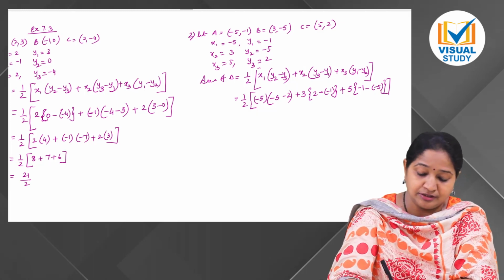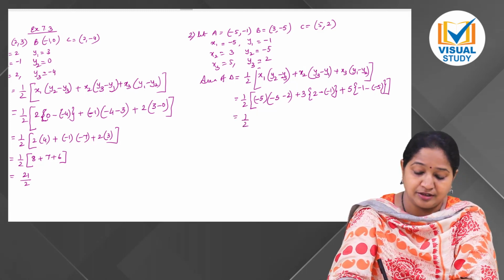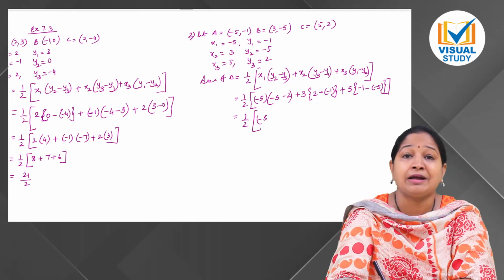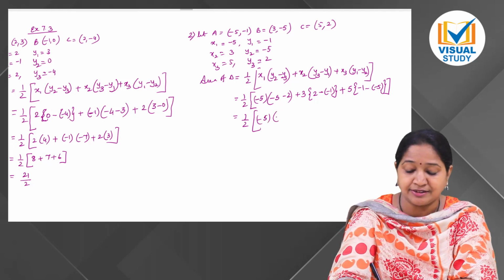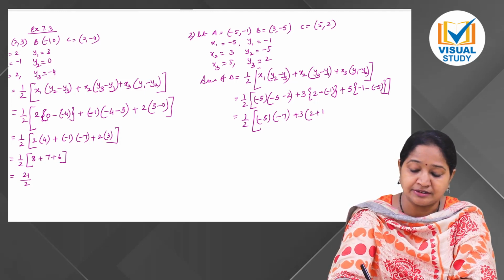Okay? Half, minus 5, minus 5 minus 2 is minus 7, plus 3, 2 plus 1 is 3, you can write it directly, 5 into minus 1 plus 5.